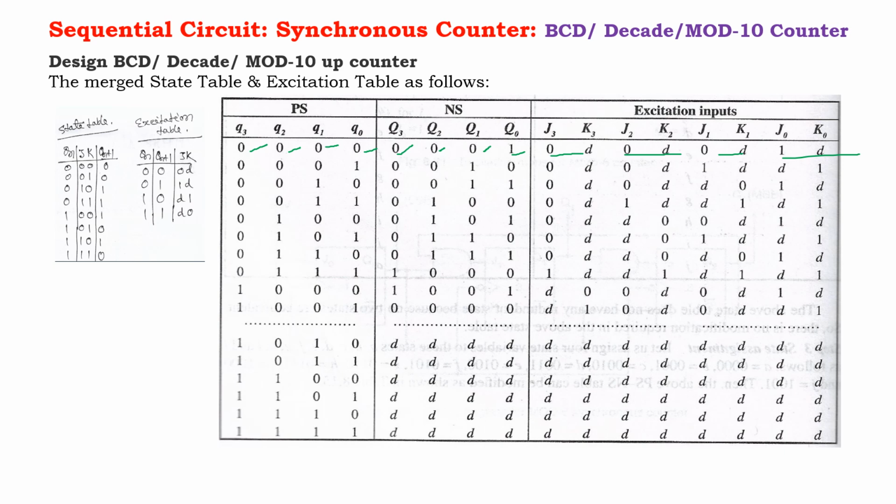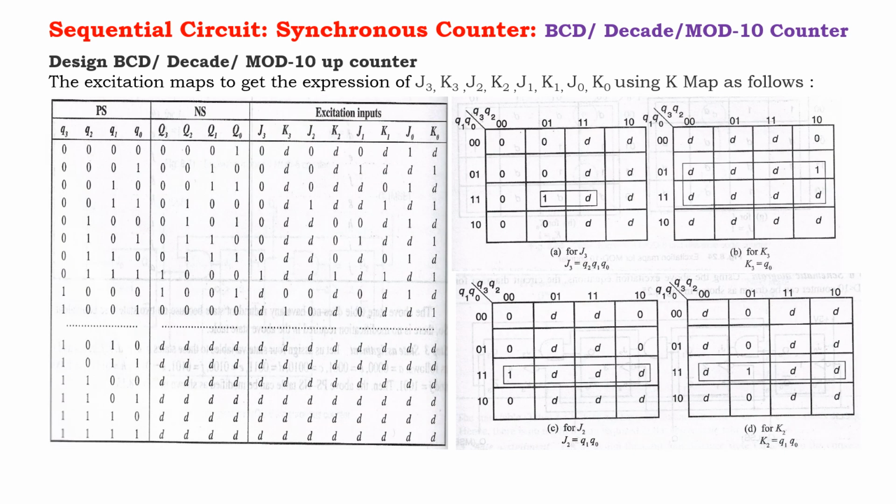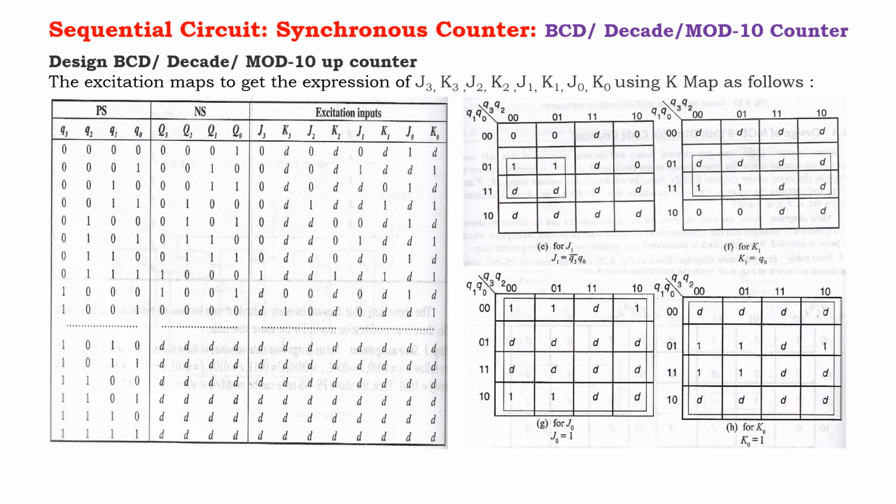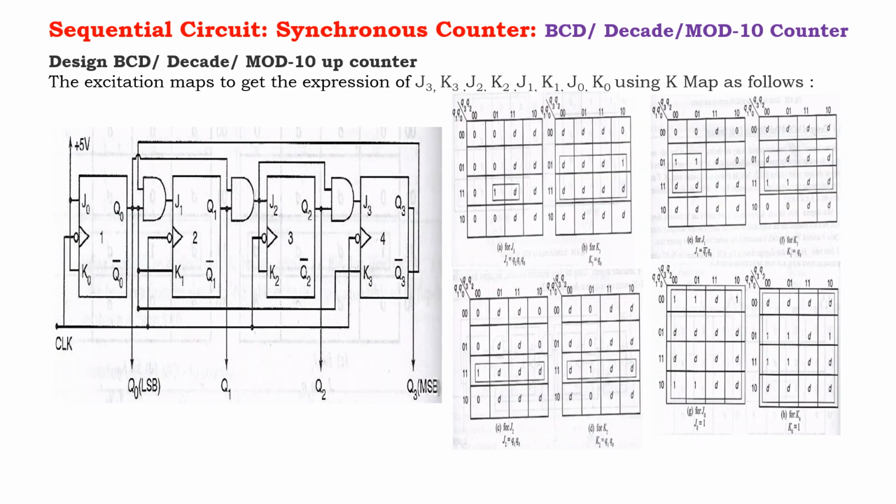The Karnaugh map input variables are Q3, Q2, Q1, Q0, and the values should be put here as J3, K3, J2, K2, J1, K1, J0, K0, and we will get the Karnaugh map like this and get the final expression for J3, K3, J2, K2, J1, K1, J0, K0, and make the circuit like this.